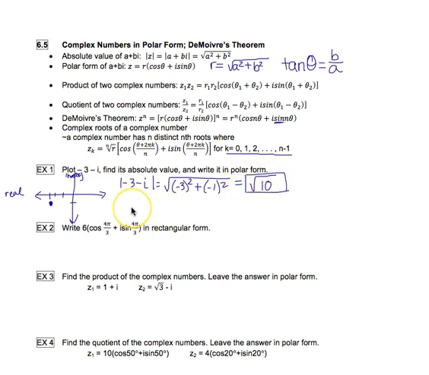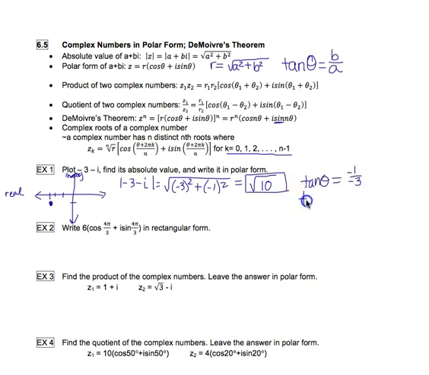And then my final task is to write it in polar form. In polar form, I need my r and I need theta. In this case, I'm going to use this formula over here to find my theta. I know that tangent of theta equals b over a. So b is -1 and a is -3.